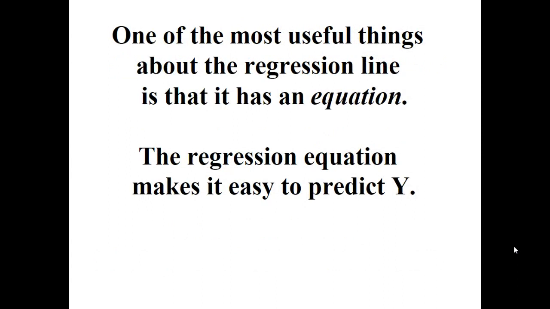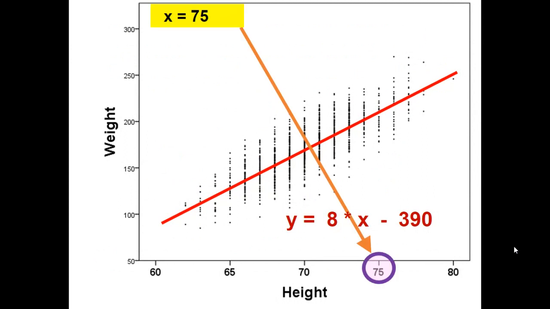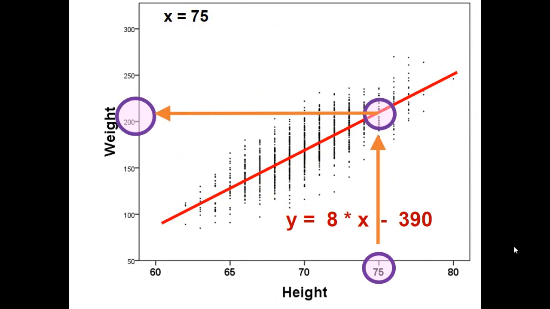Now, one of the most useful things about the regression line is that it has an equation. The regression equation makes it very easy to predict y. For instance, the regression line we've been talking about has this equation. Suppose we know that a man is 75 inches tall. By looking at the scatter plot, we can see the approximate value of y predicted.